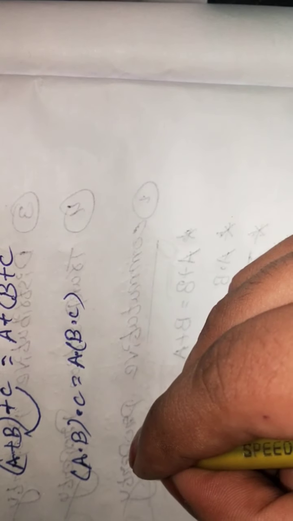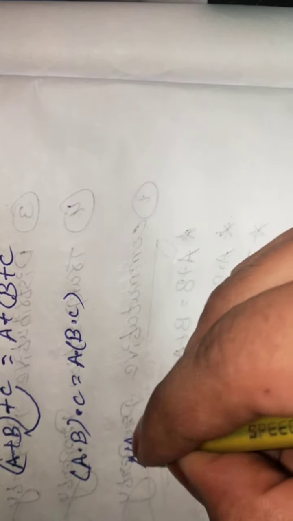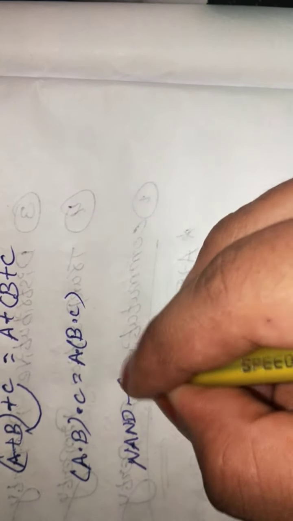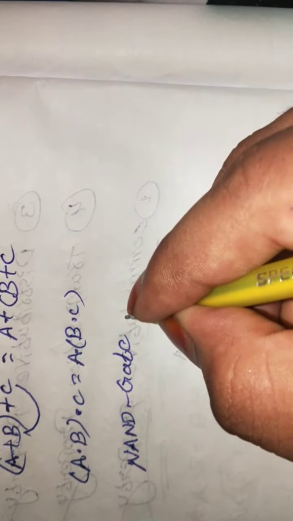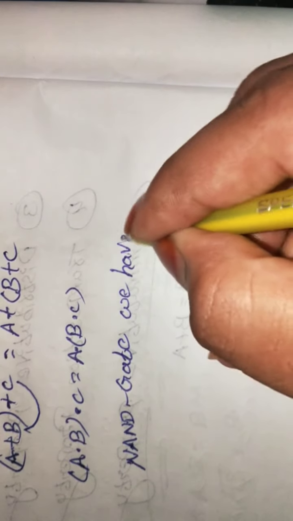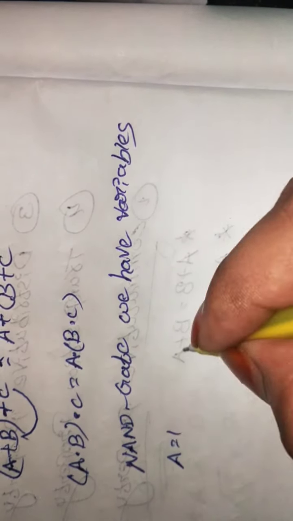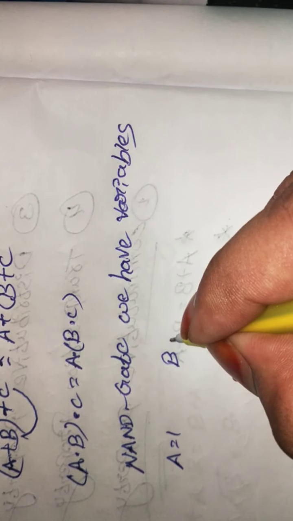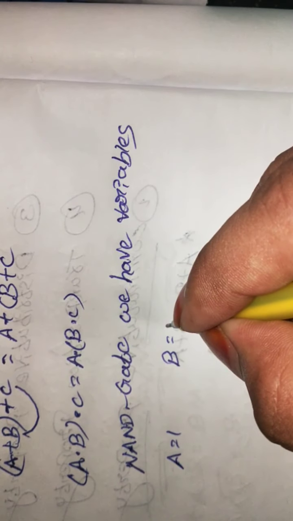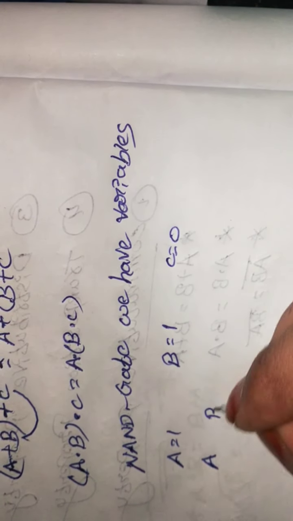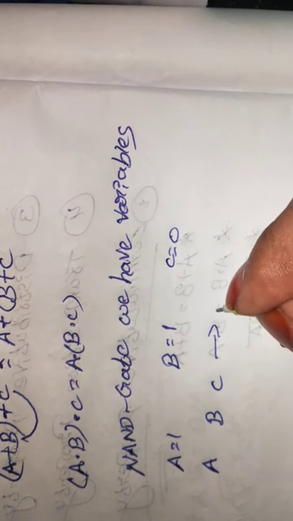So for example, we take the NAND gate. We have variables A equal to 1, B equal to 1, C equal to 0. Here A, B, C are variables.